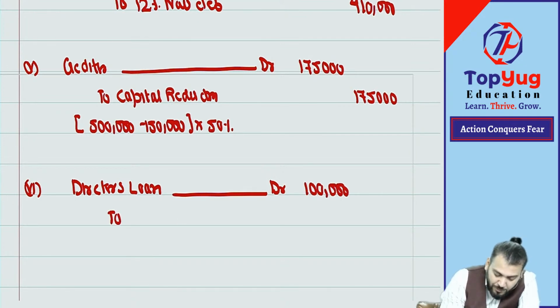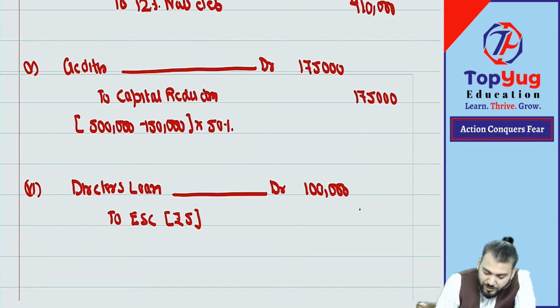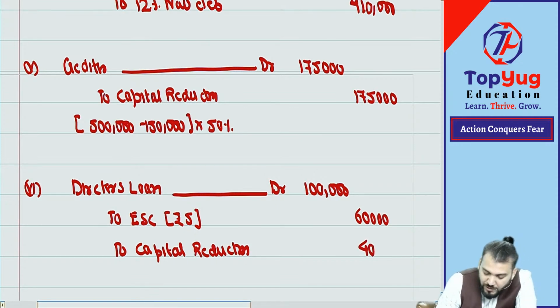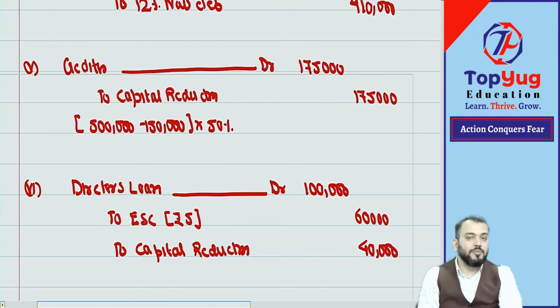To equity share capital of rupees 5 each, how much? 60% is 60,000. Correct. The balance will be waived. So to capital reduction, how much? 40,000. Yes sir. This also we have understood.